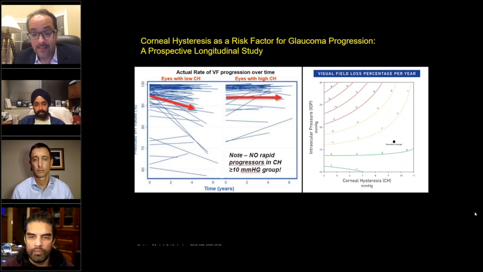If you had high corneal hysteresis, even when you had somewhat higher pressures, the rates were not particularly fast, showing that corneal hysteresis was protective. Again, this plot illustrates how the combination of low hysteresis and high pressure was quite detrimental.